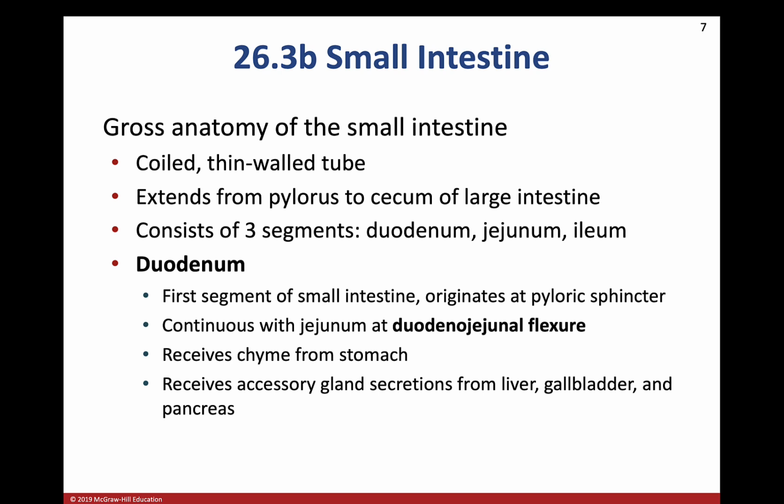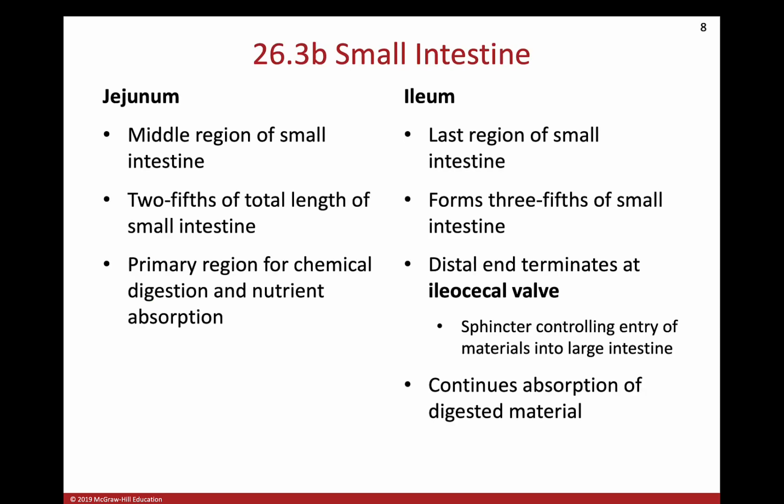It originates at the pyloric sphincter and is continuous with the jejunum, and this is the part of the small intestine that actually is receiving the acidic contents from the stomach. It also is the area where all of the secretions of accessory glands, the liver, gallbladder, and the pancreas actually make their way into the GI tract. So everything is funneling into the duodenum of the small intestine.